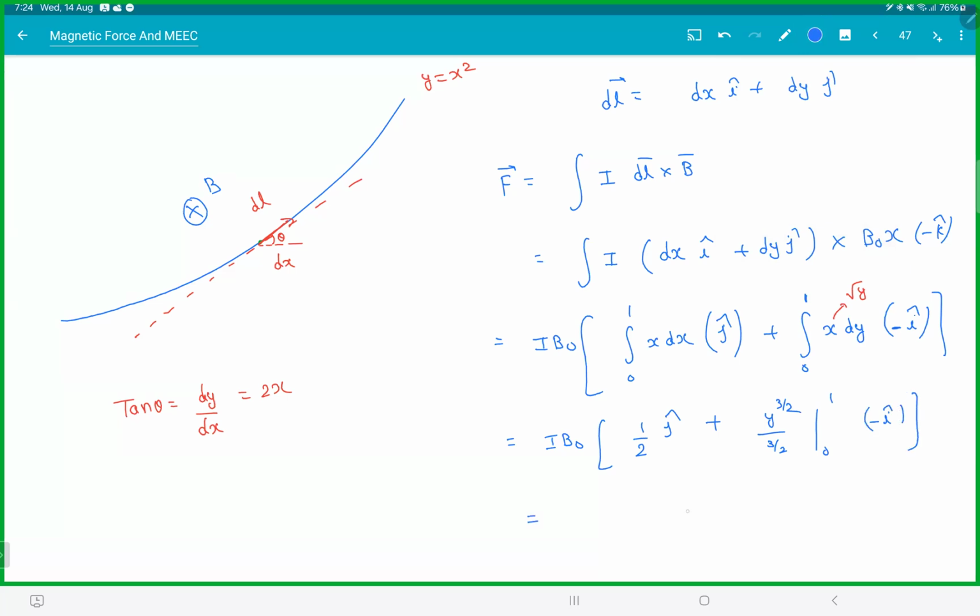Substitute the limit, so that's 2 by 3. So I B naught, 2 by 3 minus i cap plus half j cap. You're right, I can't directly add it. That was a mistake. Clear with this?